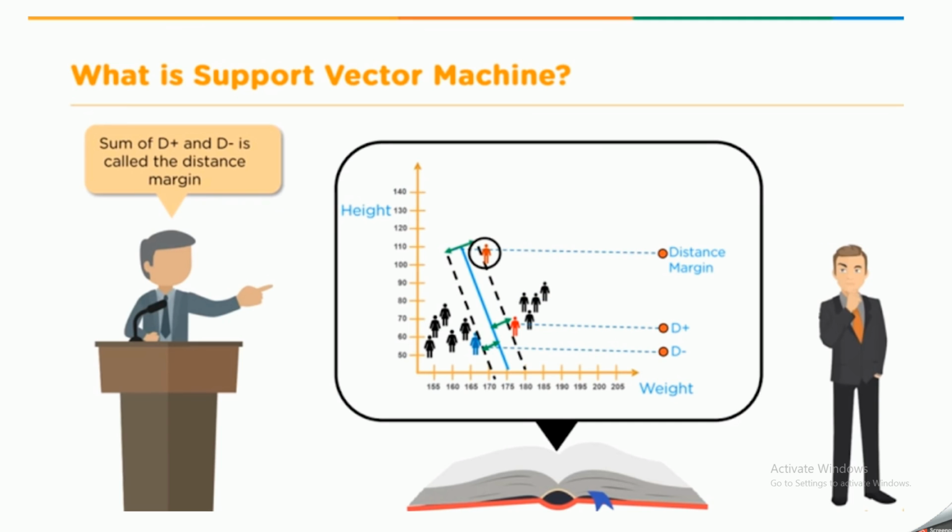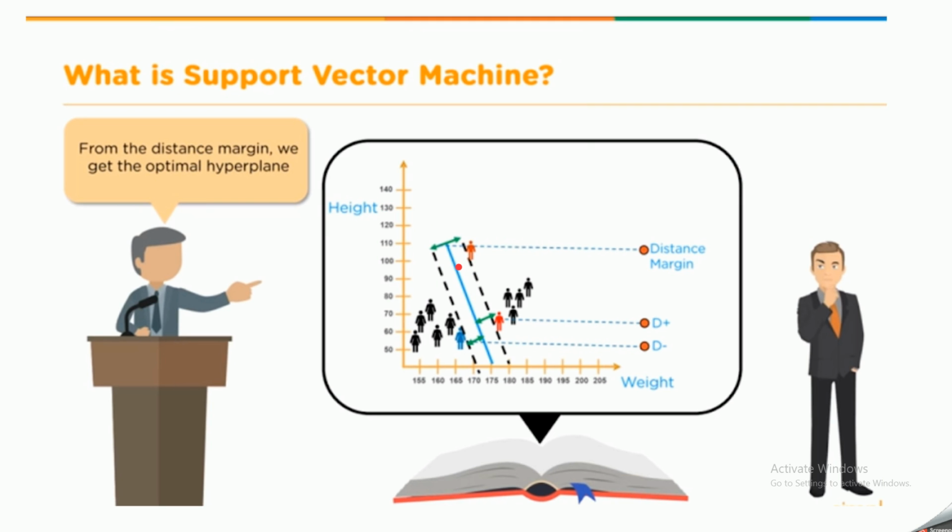So the sum of D plus and D minus is nothing but called the distance margin. Is it clear? So distance margin is nothing but the sum of D plus, which is the positive point, and D minus, which is the negative point.